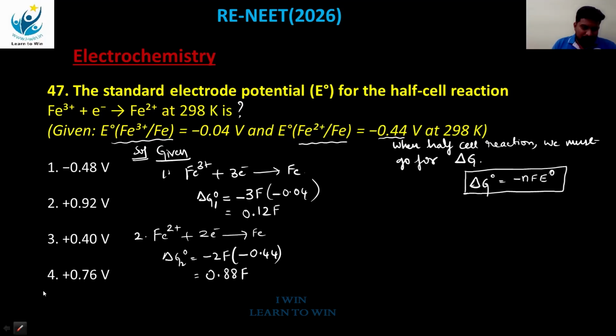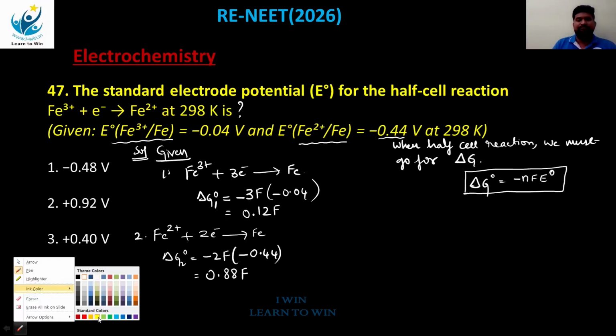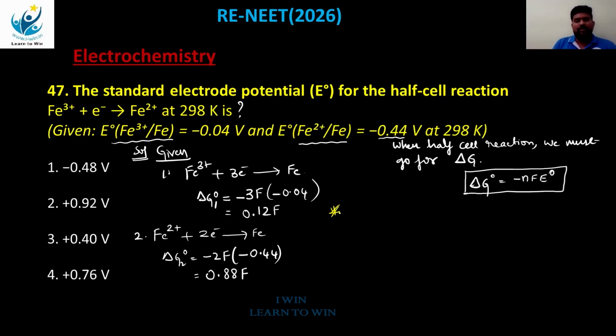That is Fe3+ plus 1 electron giving Fe2+. When we subtract equation 2 from equation 1, we will get the exact half cell reaction, that is the E naught value.